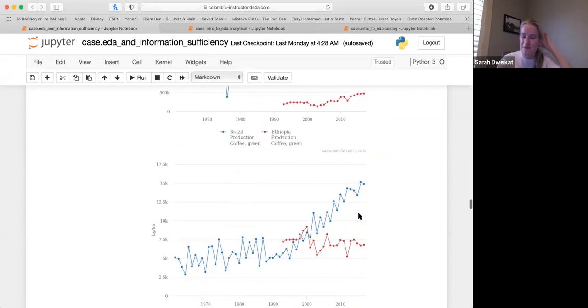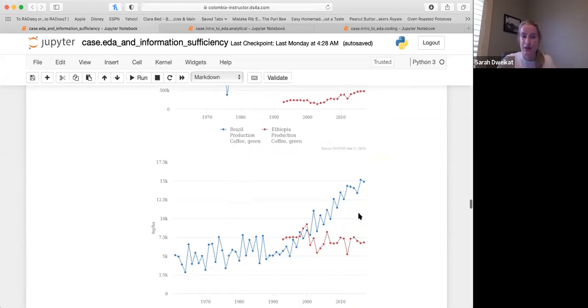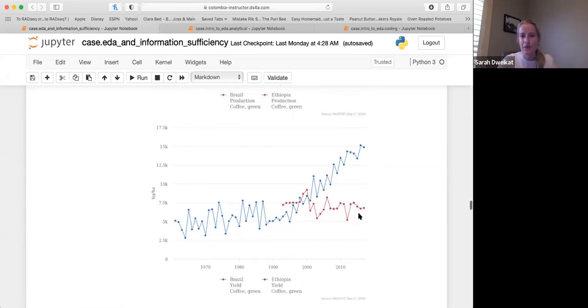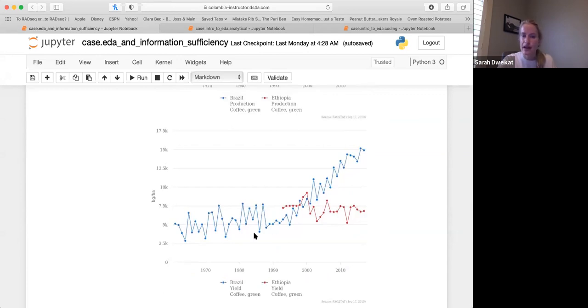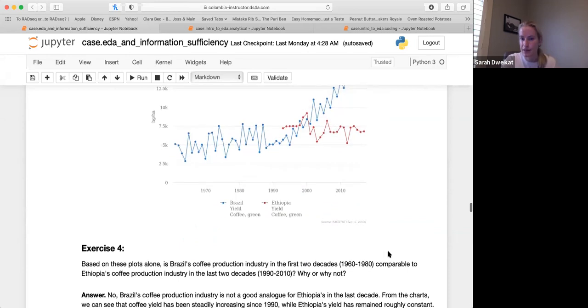There's not a lot of that variability that we see. And then for the yield, I would say that this is maybe an okay comparison in terms of the yield that we see. It's pretty similar. Ethiopia seems to be a little bit up and down as well, and Brazil the same.